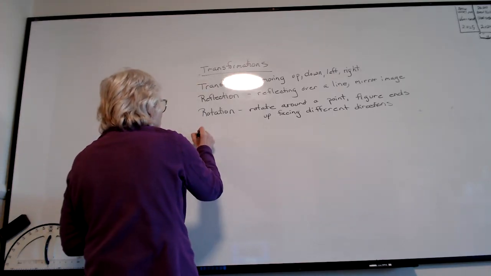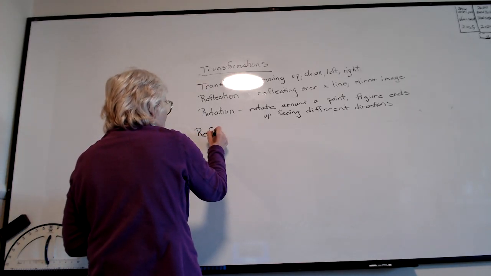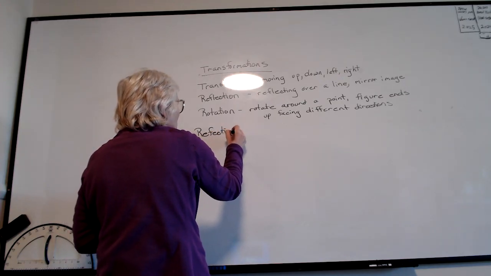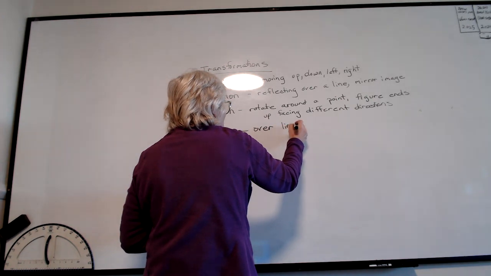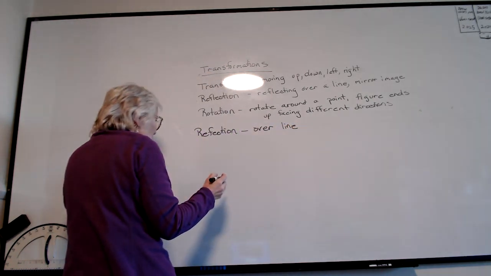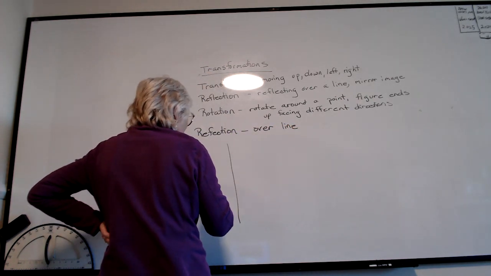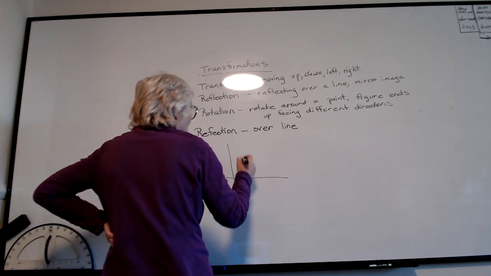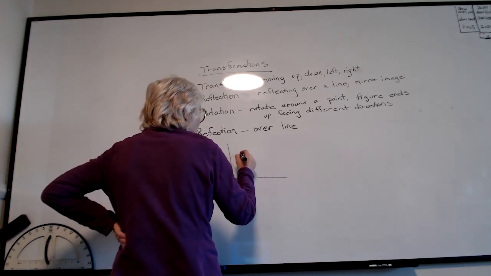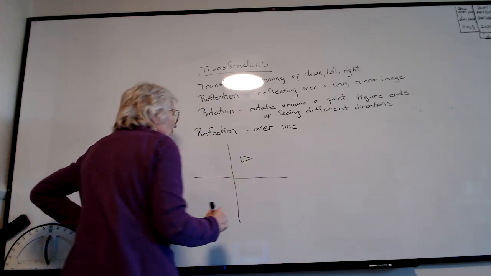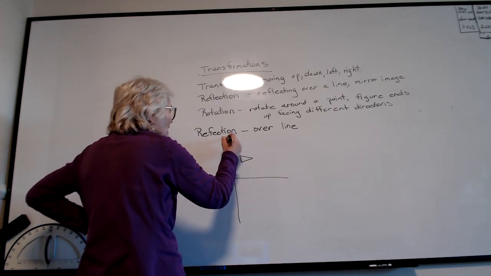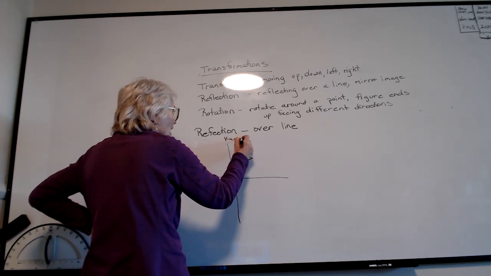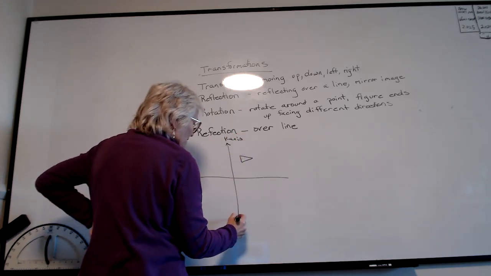A reflection is always over a line. Okay, so let's say we have this, and I'm going to draw this picture like this. Okay, so if I wanted to reflect it over the y-axis, I have to know its line of reflection.